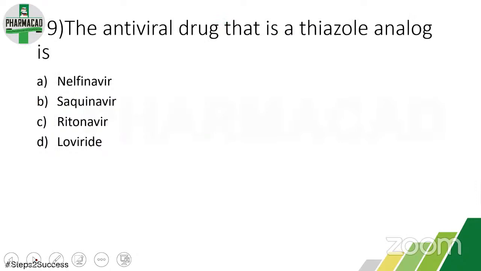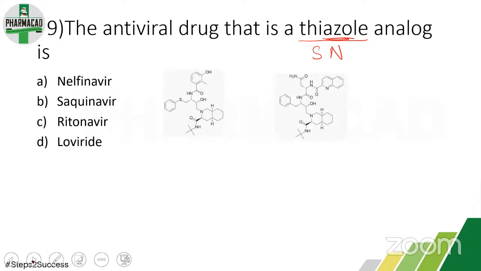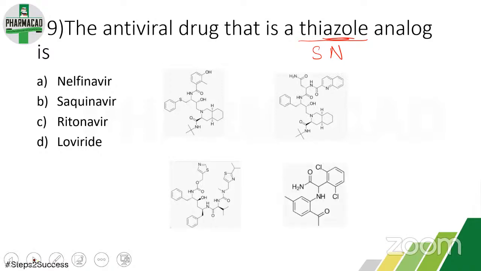Next question. The antiviral drug that is a thiazole analog is. Now thia means sulfur, and aza means nitrogen. So we will see which drugs have a sulfur and nitrogen containing ring in the structure. The first is nelfinavir, this is the structure of nelfinavir. This one is saquinavir. This one is ritonavir. And this one is loviride. What they are asking is thiazole.